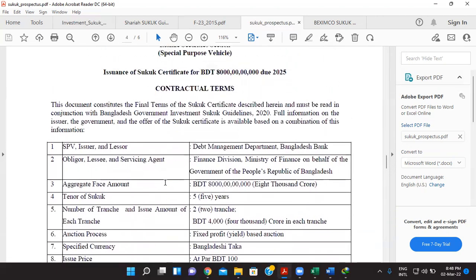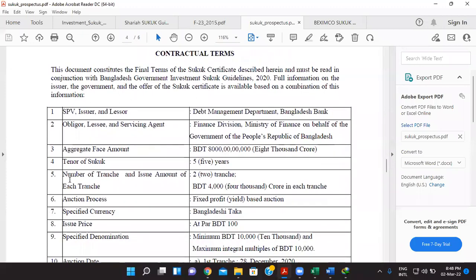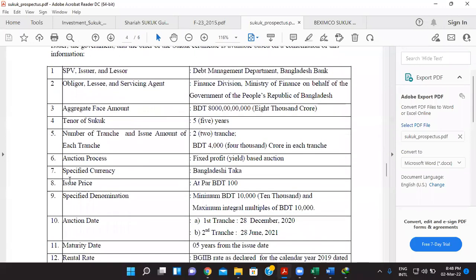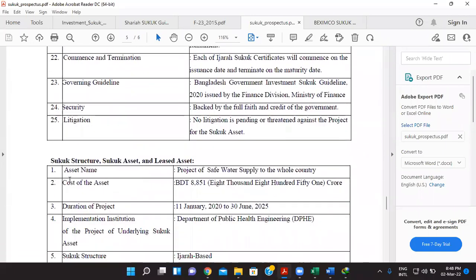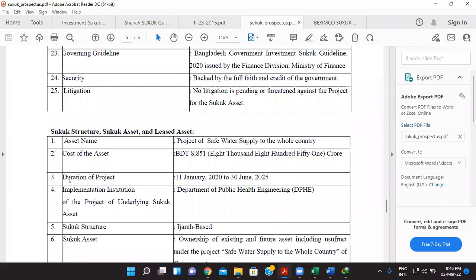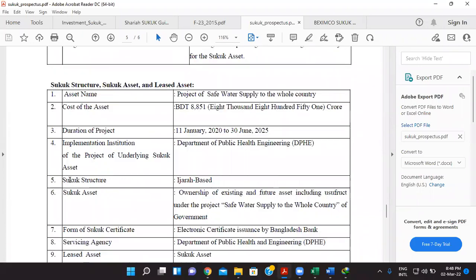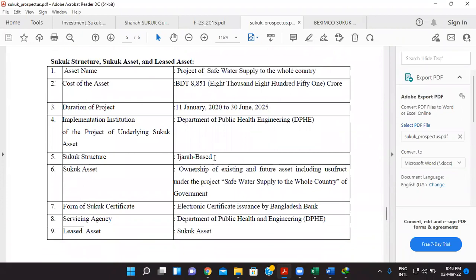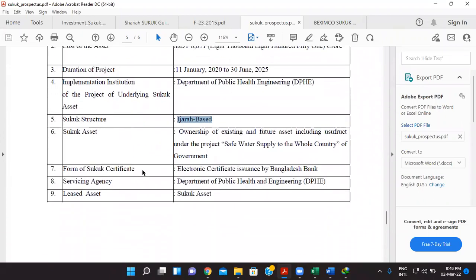I see whether they have mentioned the, yeah, no. They have just mentioned that their sukuk is ijara based, and nothing more.